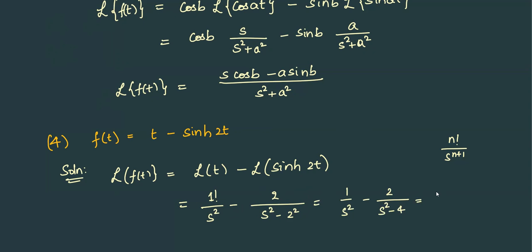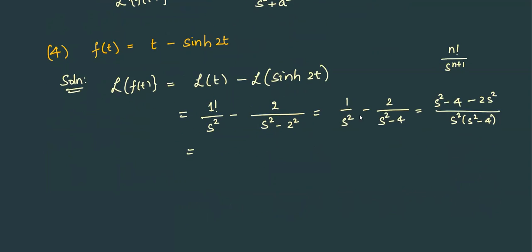And this can be simplified: s square minus 4 minus 2s square by s square into s square minus 4. So upon simplification, we get minus of s square plus 4 upon s square into s square minus 4. This is the Laplace transform.